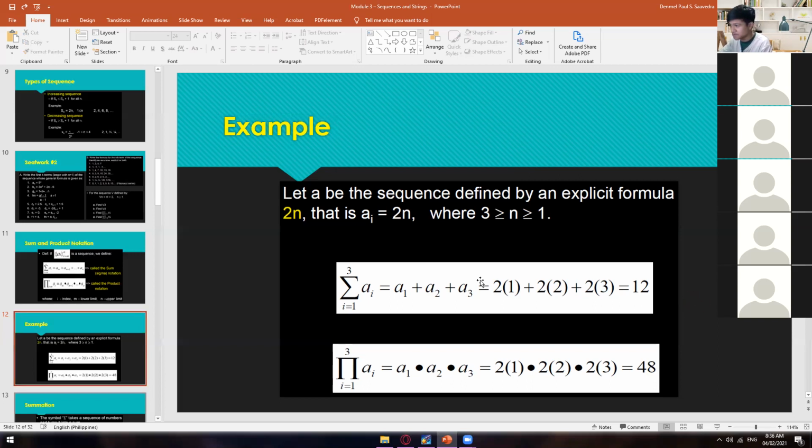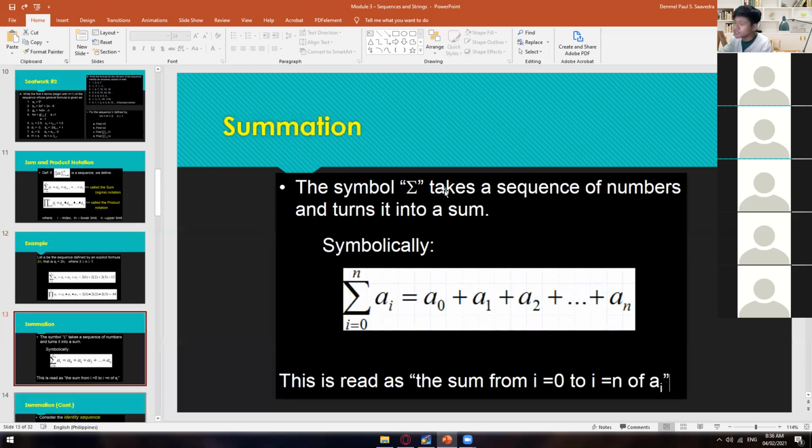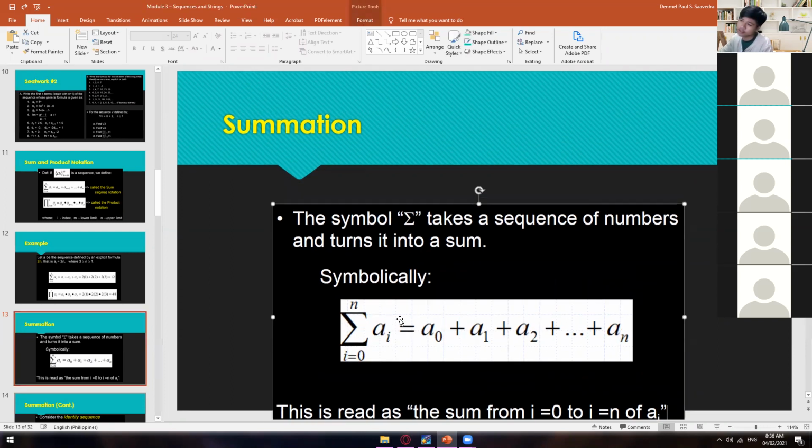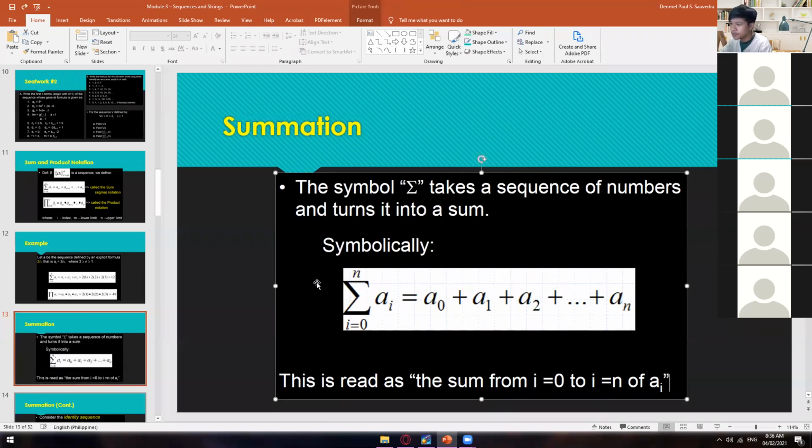All right, so this one is quite easy anyway. Let's focus on summation for now. The symbol for summation is sigma, or this letter that looks like E. It takes a sequence of numbers and turns it into a sum. Symbolically, this is the default formula for the summation.